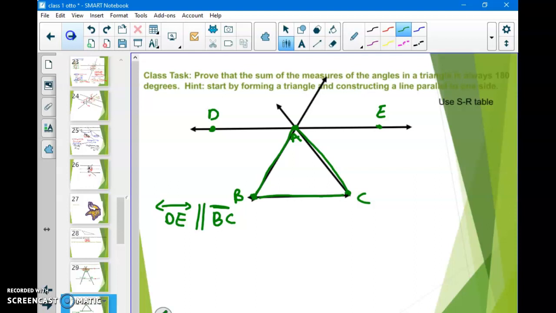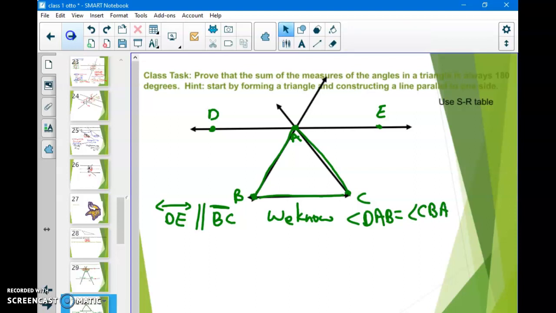So we know that, because if this is a transversal, angle DAB is equal to angle CBA. DAB, this angle in here, is the same as CBA. And we know that because they are alternate interior angles.